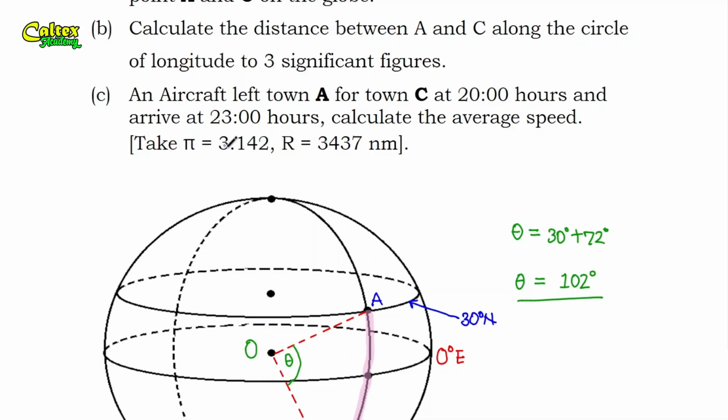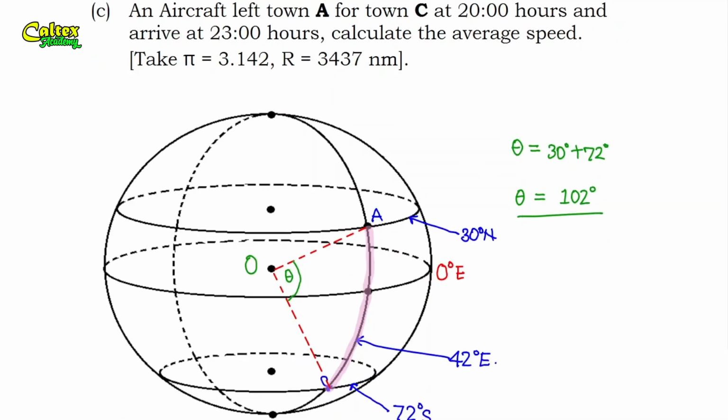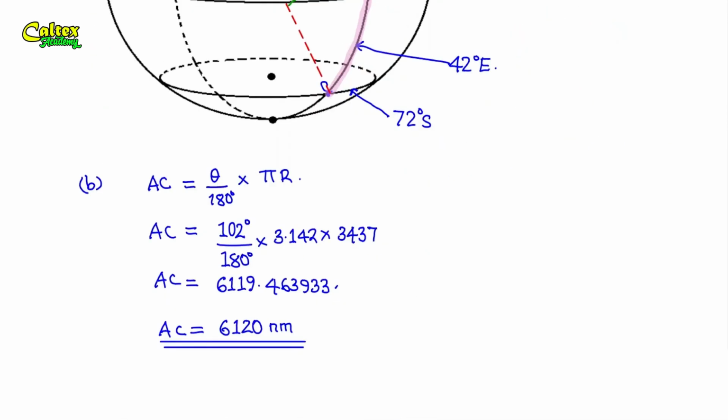Take pi as 3.142 and radius of the earth as 3,437 nautical miles. So for us to get the time, we need to subtract the departure time from the arrival time. So our distance is already here. It's good to take this without rounding for us to minimize errors.